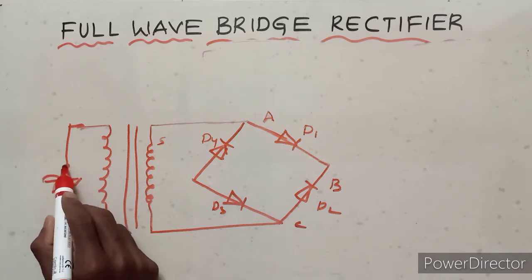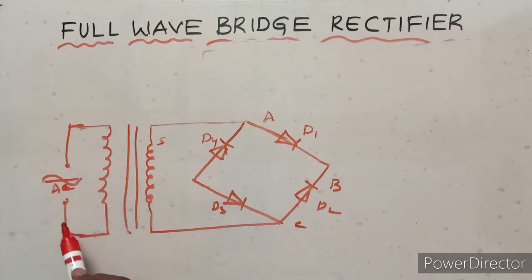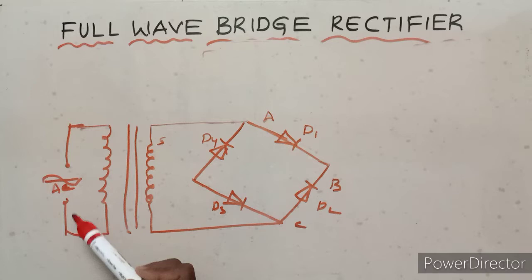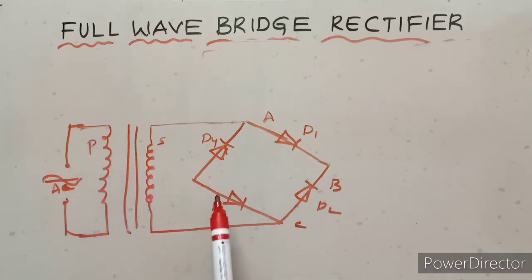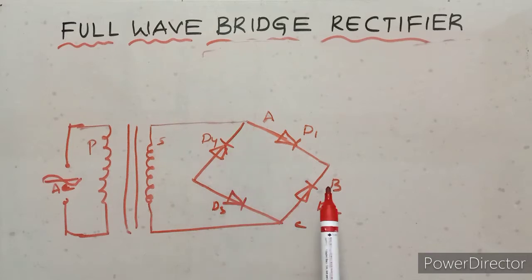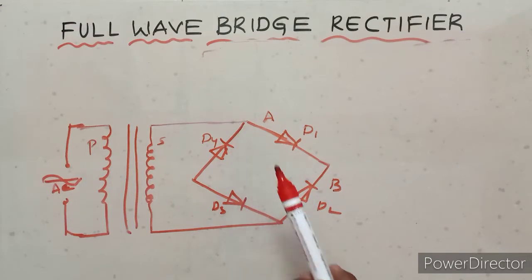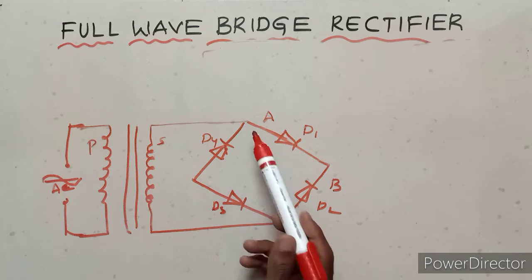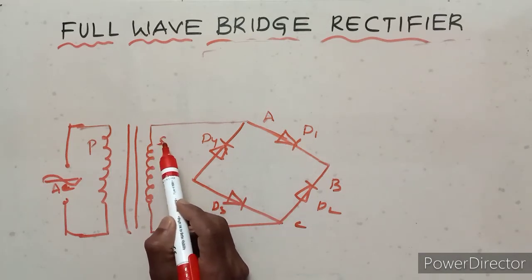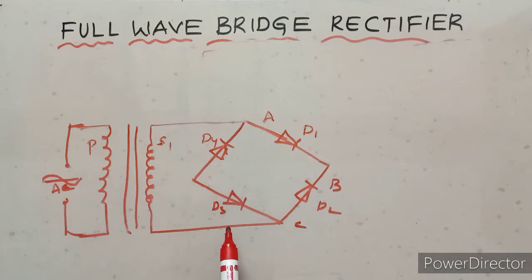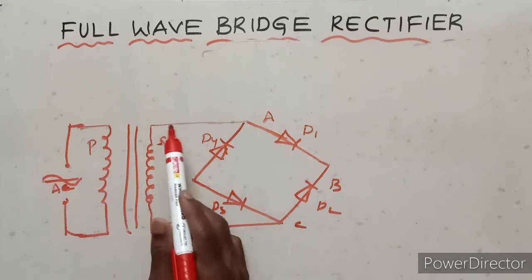This is the AC input voltage, a sinusoidal voltage. The secondary coil is connected to the opposite sides A and C. These are the secondary coil terminals S1 and S2.